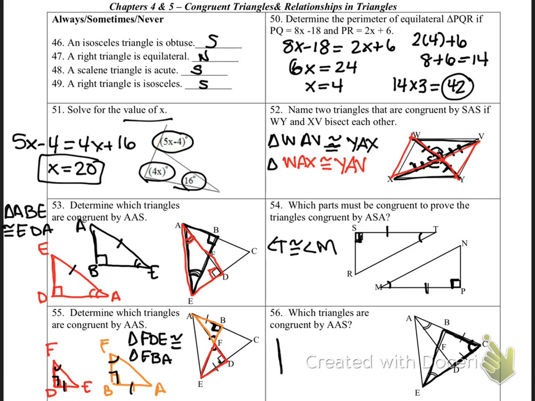So CBE is going to be CBE. I know C is going to be congruent to itself, and it's saying that CB is congruent and E. And then we also have, I'll do this in red, CAD.